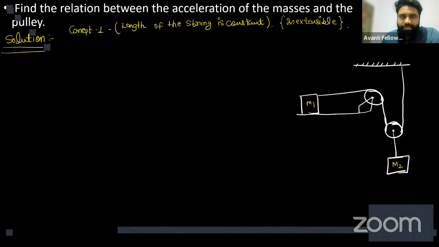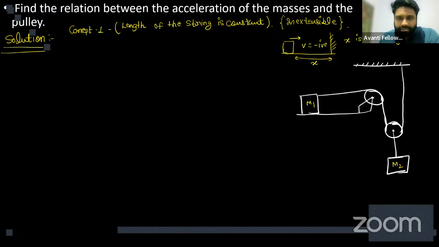One more concept that we are using here: if this is the wall and this is a block, and this is the distance x, and the block is moving in this direction, x is reducing, so the velocity of this block would be considered negative.